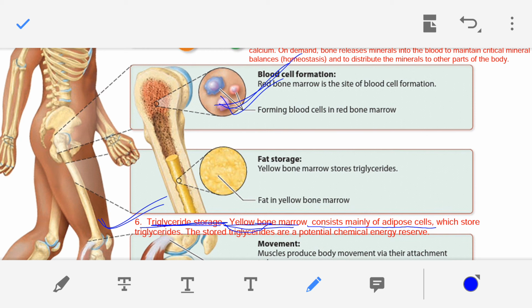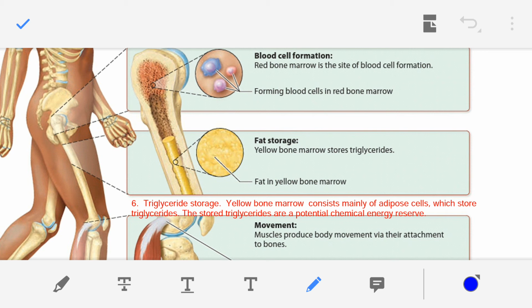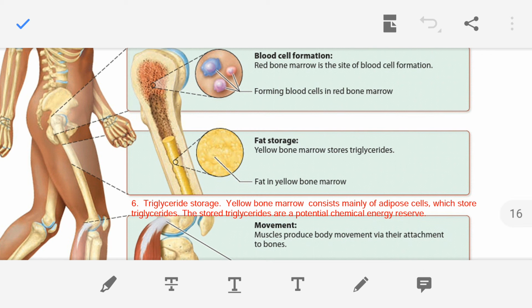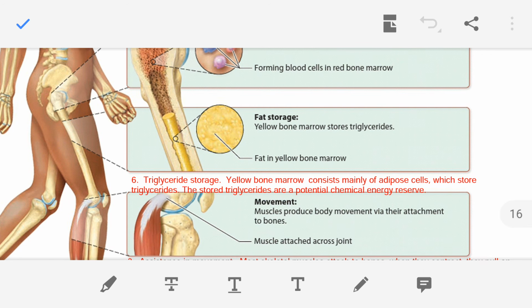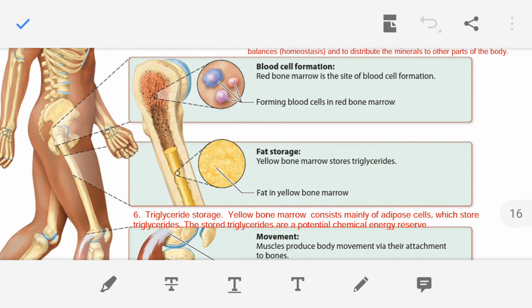Yellow bone marrow is made up of adipose tissue cells, and these adipose cells store triglycerides, and these stored triglycerides are a potential chemical energy reserve. So whenever in our body there is a requirement for energy, these triglycerides are oxidized, and ATP formation takes place in our body. So this is about the yellow bone marrow or the triglyceride storage.